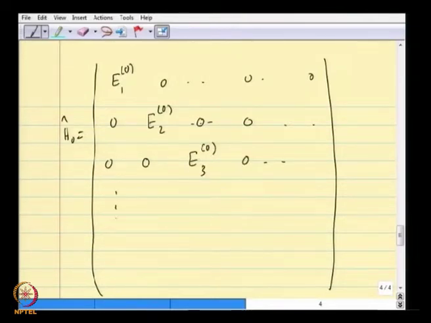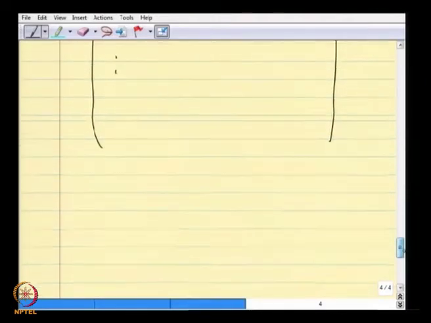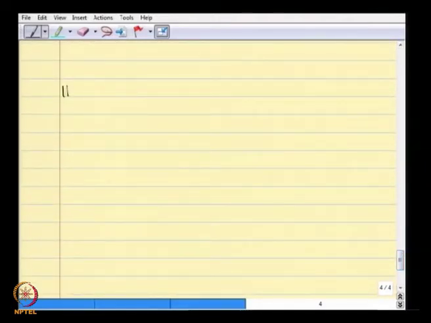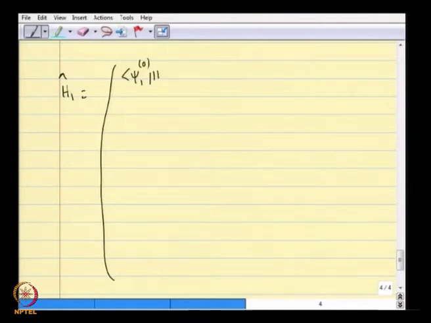E0 and so on. What was the matrix for H1? We wrote the matrix element psi 1 0 H1 psi 1 0, and this first row, the second element was psi 1 0 H1 psi 2 0 and so on, as many basis functions.